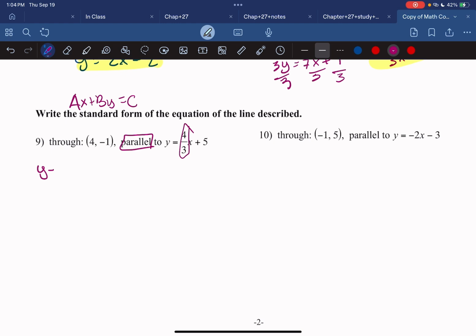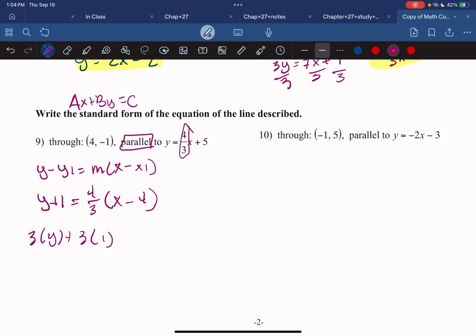Point slope first, so y minus y1 equals m(x minus x1). Y minus, our y1 is -1, so it's going to be +1, equals our slope, 4/3, times x minus 4. Multiply everything by 3 to get rid of that fraction.